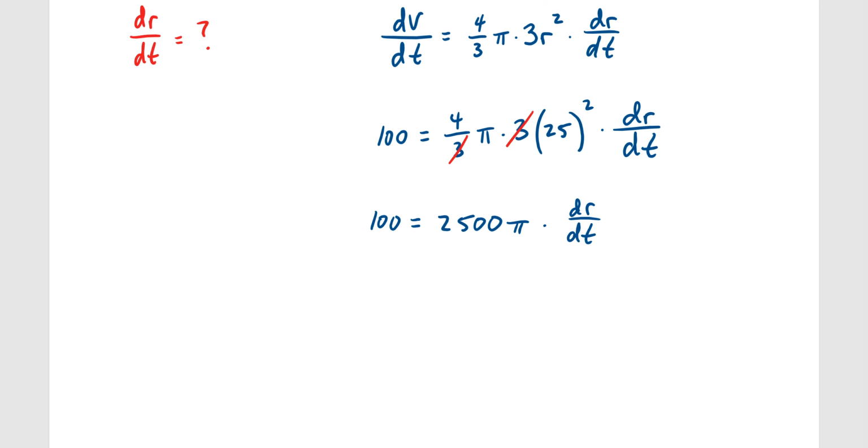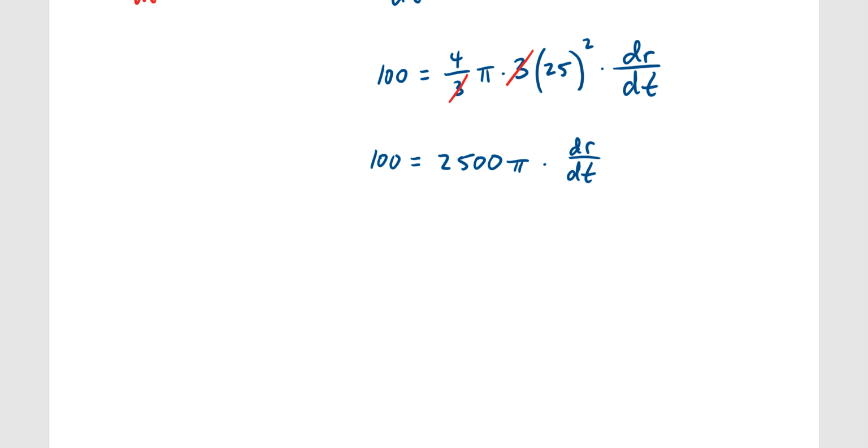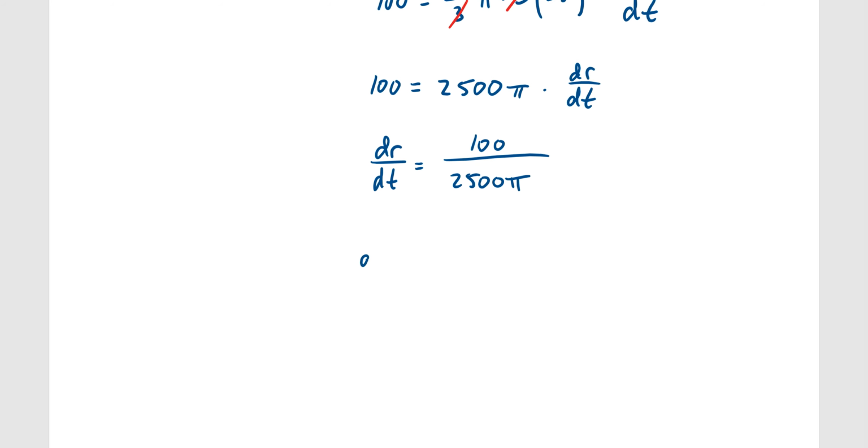And then all we have to do is divide both sides by 2,500 pi. So dr/dt equals 100 divided by 2,500 times pi. We should actually use a calculator for this to get a nice number. If we plug that in, we should get 0.0127.